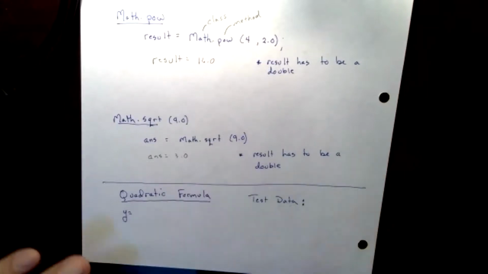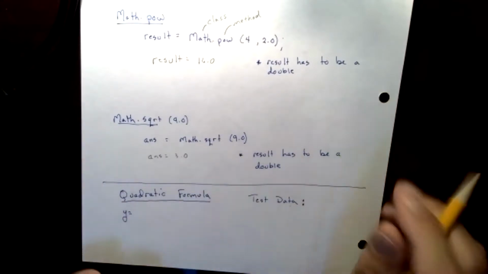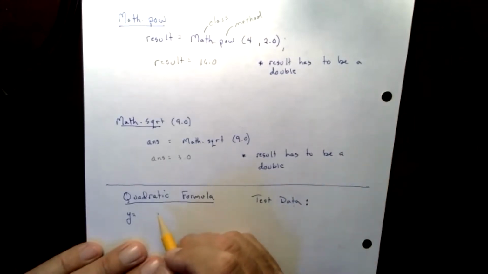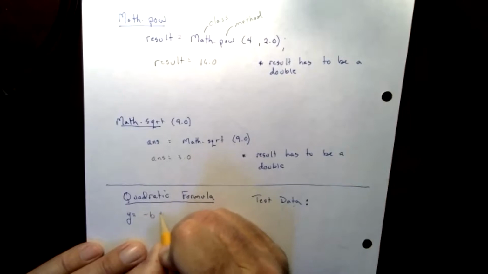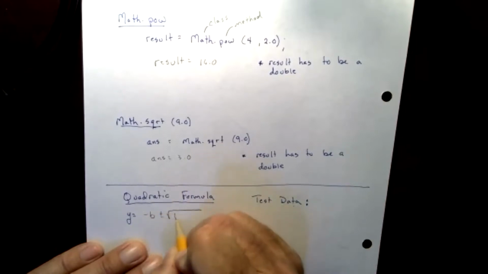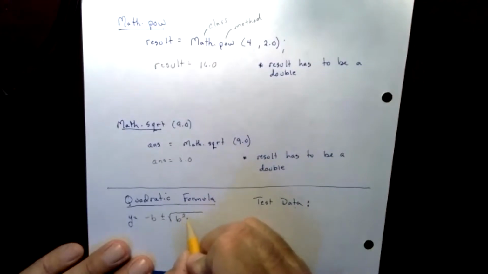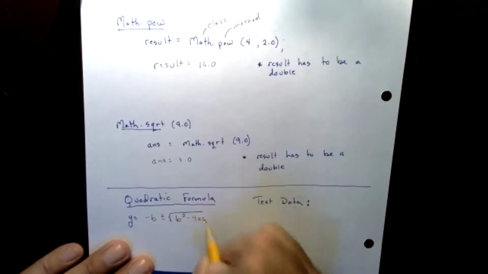But the quadratic formula, who didn't I call on today? Who knows what it is? Negative b plus or minus the square root of b squared minus 4ac, all over 2a.